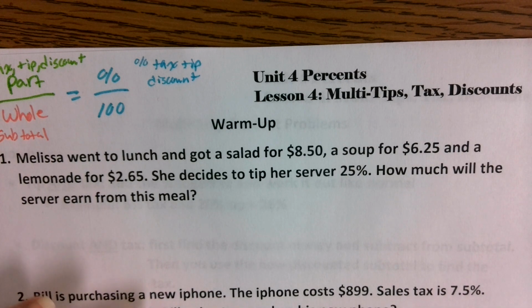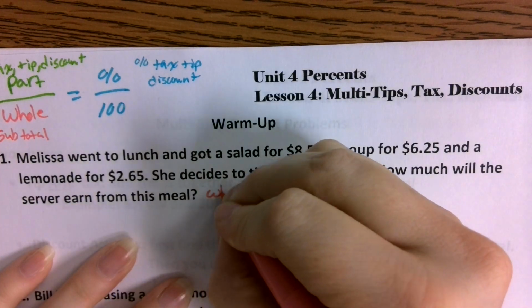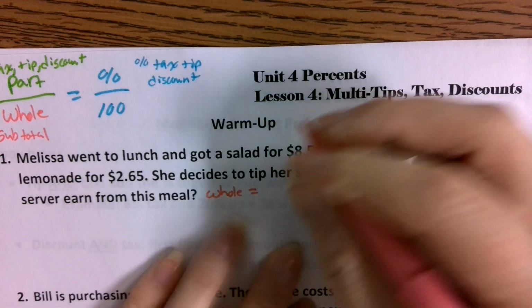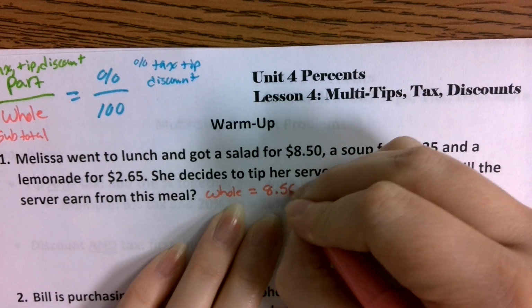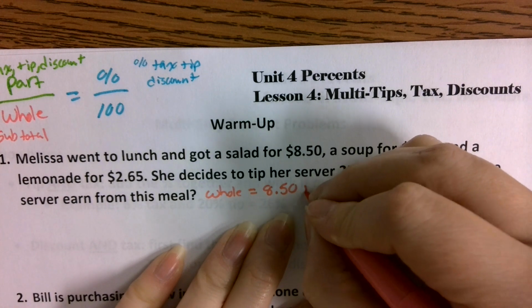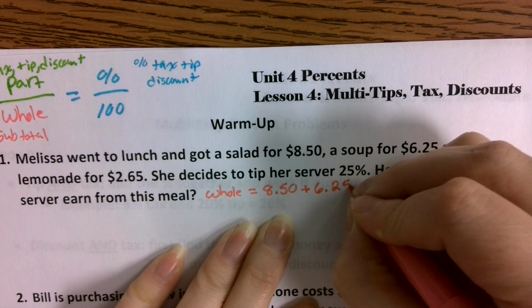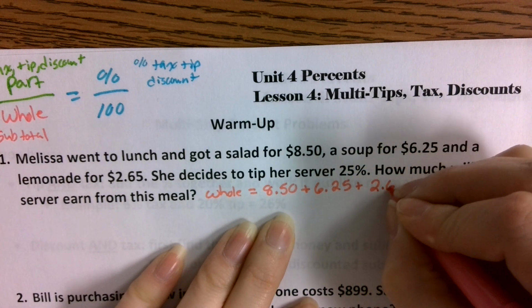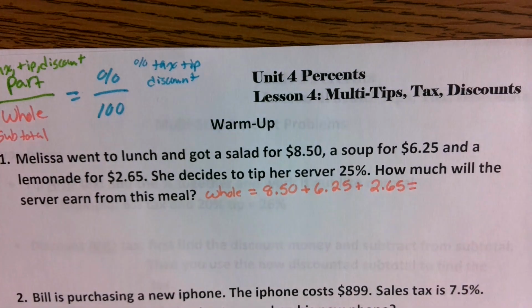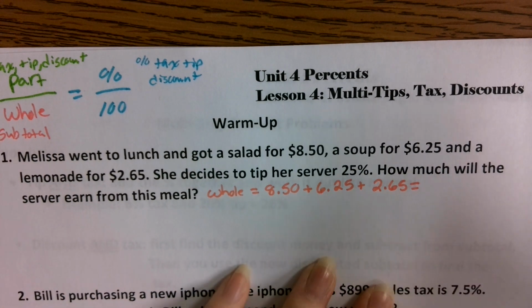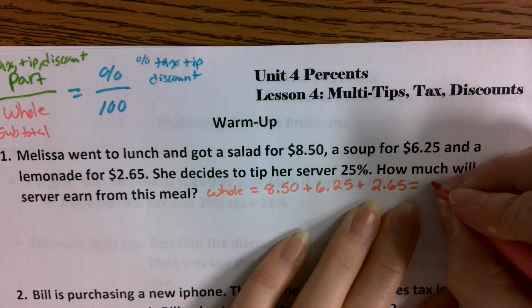In order to find the whole, we're going to add together the $8.50 for her salad, the $6.25 for her soup, and the $2.65 for her lemonade. So if we add all that together, what do we get? Not $17.65, $17.40.